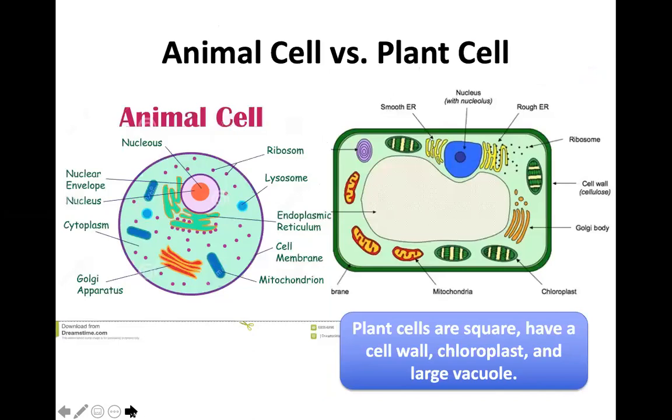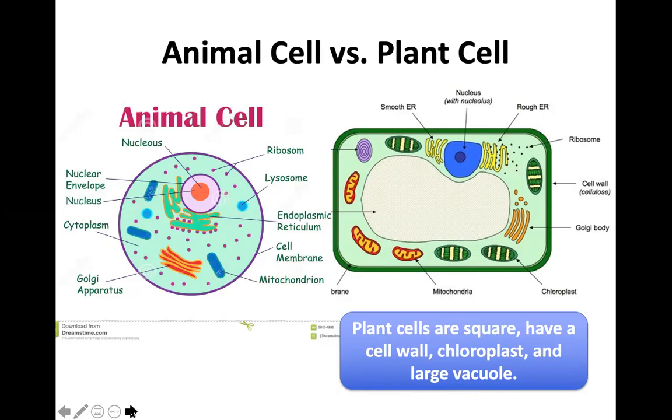So up here, just some differences that we need to know between a plant and an animal cell. Plant cells are typically what shape? Rectangular, square, right? And animal cells are circular. Also need to know that plant cells have a cell wall, animal cells do not. And where do we find the cell wall in a plant? Outside of the cell membrane, that's right.